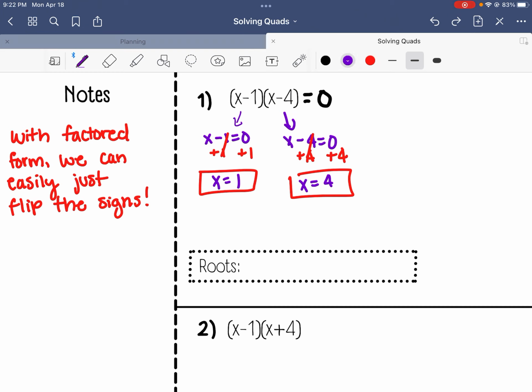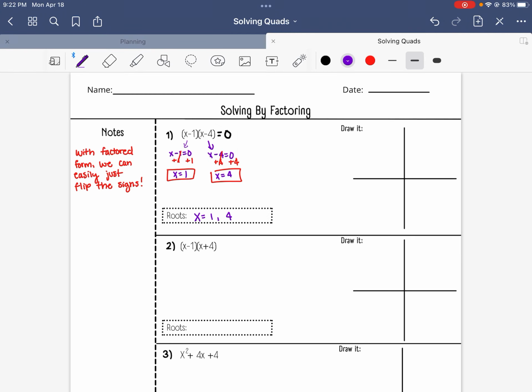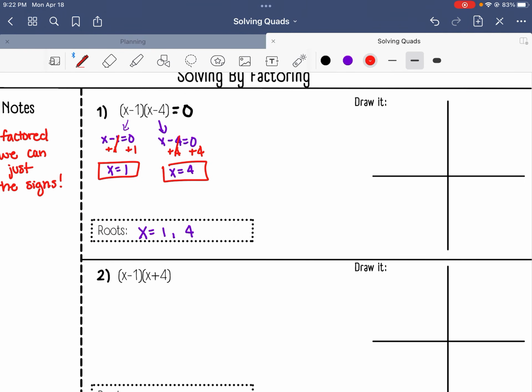The same thing here: right here I have a negative 4, and my answer became a positive 4. So my roots would be x equals 1, comma 4.